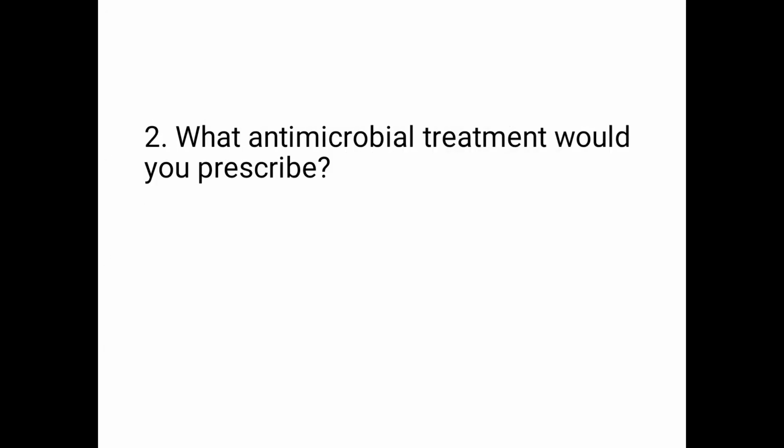Now coming to our second question, what antimicrobial treatment would you prescribe? Empiric treatment with ampicillin and a third generation cephalosporin such as ceftriaxone or cefotaxime would be appropriate. Usually for elderly patients, the empiric treatment is with vancomycin, ampicillin and third generation cephalosporins. As this patient uses furosemide for her heart failure, the use of an aminoglycoside can cause renal problems.